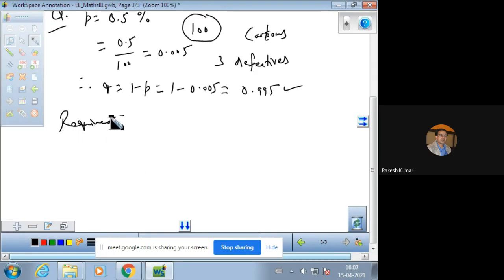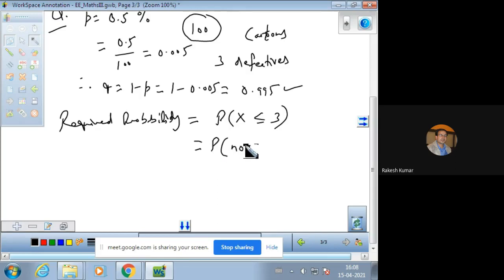So the required probability is that out of 100, not more than 3 are defective, meaning the maximum number of defectives is 3. This can be written as probability X is less than or equal to 3.